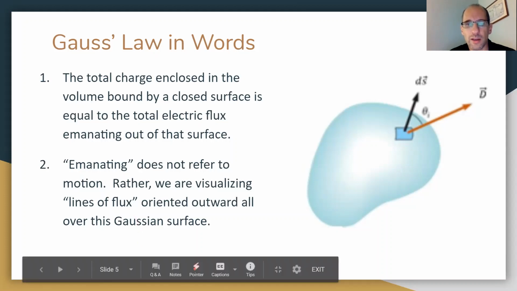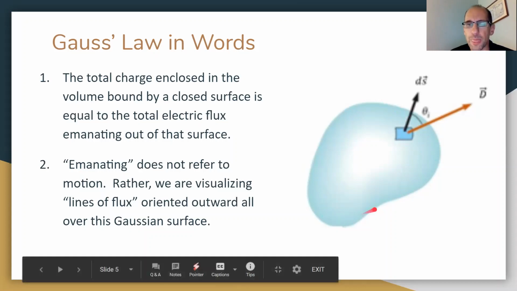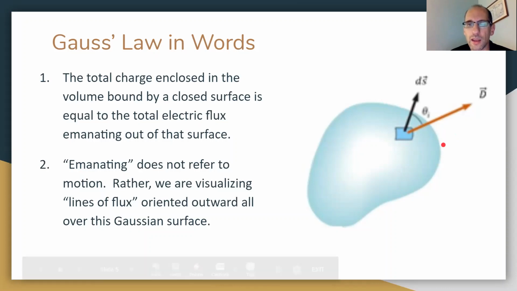So here we have an arbitrary closed surface. It's continuous, it's closed, and the total charge enclosed by this closed surface is equal to the total electric flux emanating out of that surface.